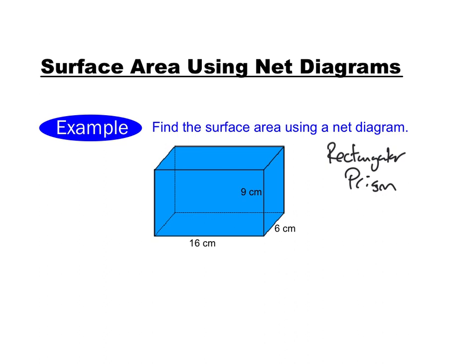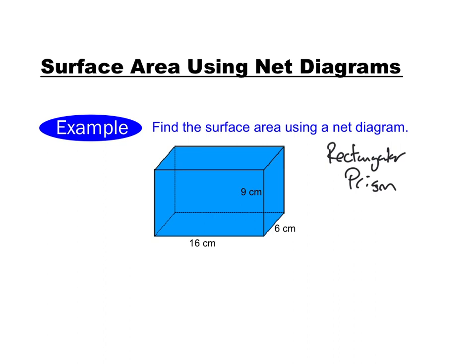Now, in order to find the surface area of this object, what we're going to do is basically deconstruct the box. If we were to take the box apart, we would get something that looks like this.